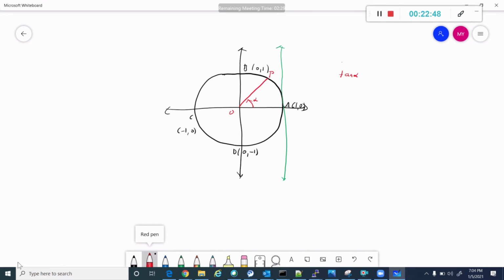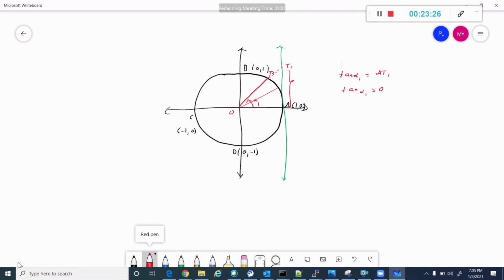You have to extend this ray to meet the tangent at T1. Tan alpha is this length AT1. Say the angle is alpha 1; tan alpha 1 is greater than 0. In Q1, for whatever angle in quadrant 1, it will be positive, since this is the y distance, a perpendicular distance.